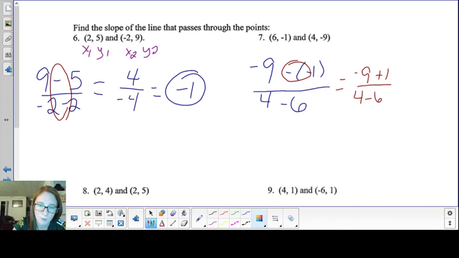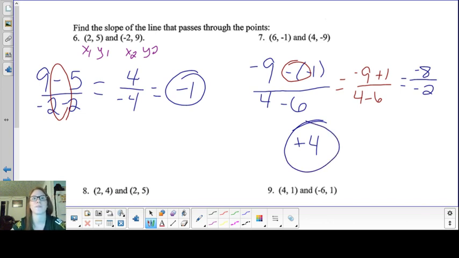So I hinted a little sooner than I realized. -9 plus 1 is -8. 4 minus 6 is -2. -8 divided by -2 is a positive 4. Sorry. Negative divided by negative is positive. Woo!